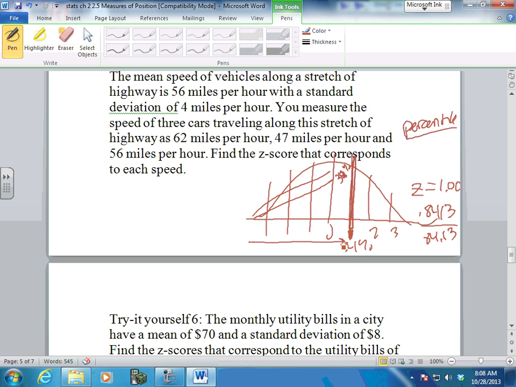If you have a score up here, and we add, your area always comes from the left, from the lower to the higher, because this whole curve is 100%. This whole curve represents 100%. And we read this curve left to right.